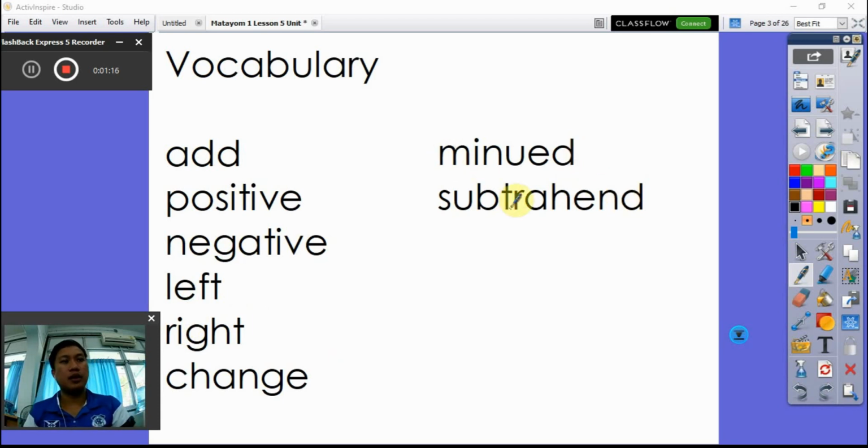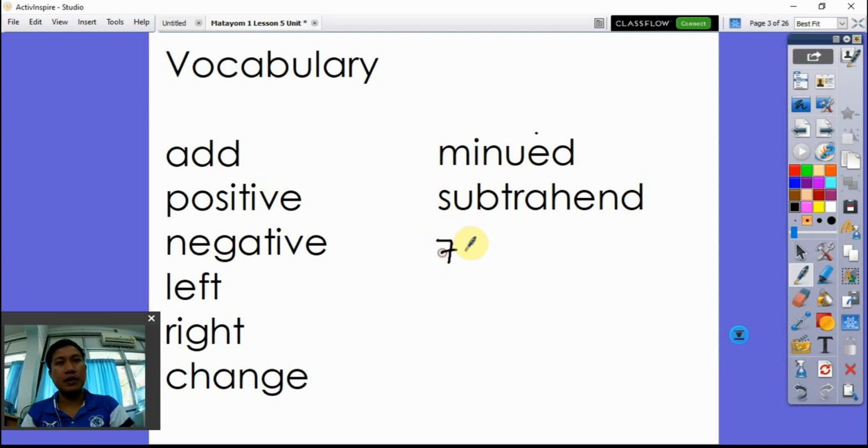Minuend and subtrahend are found when you have a subtraction sentence. For example, 7 minus 3 equals 4. The 7 here is what we call the minuend.